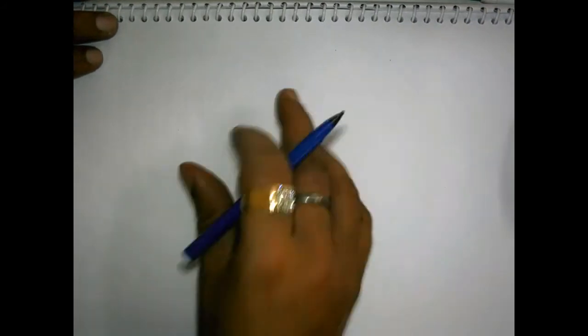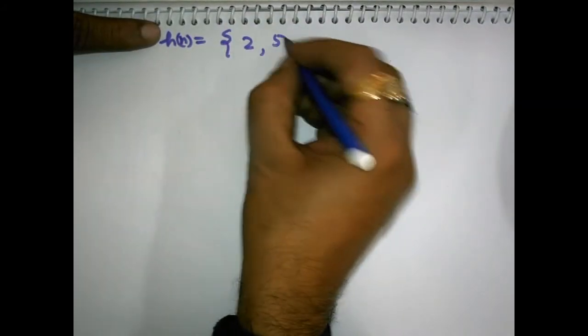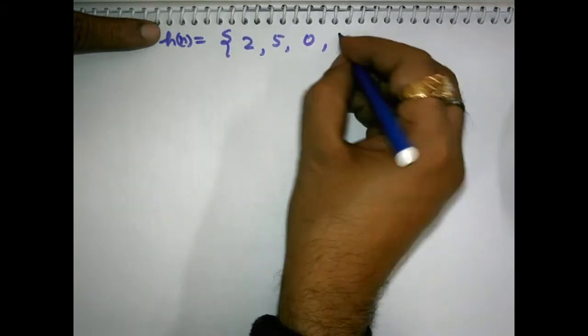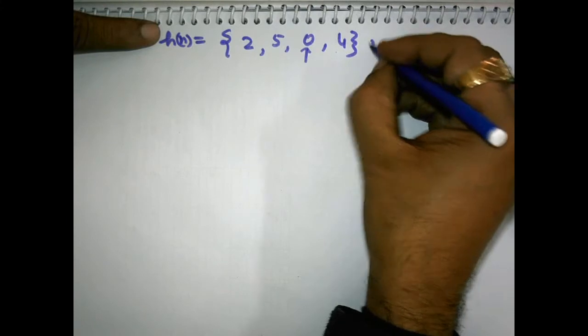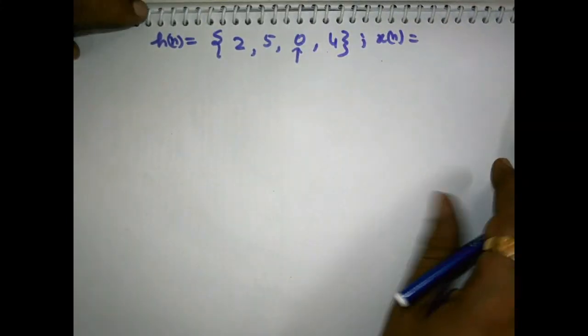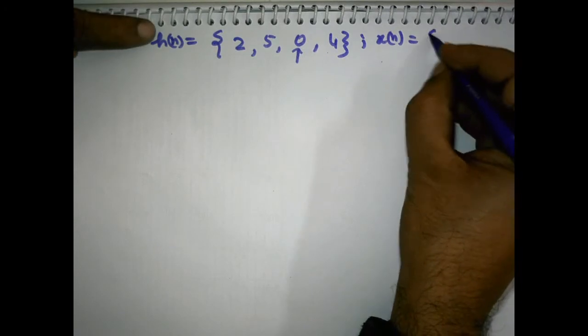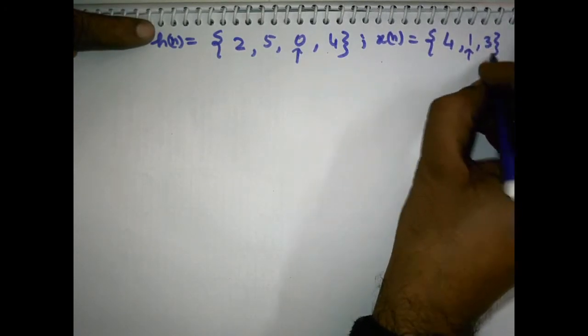Now, take another problem by the same method, it will make you comfortable. Suppose hn is given to you as 2, 5, 0, 4 and xn is 4, 1, 3.